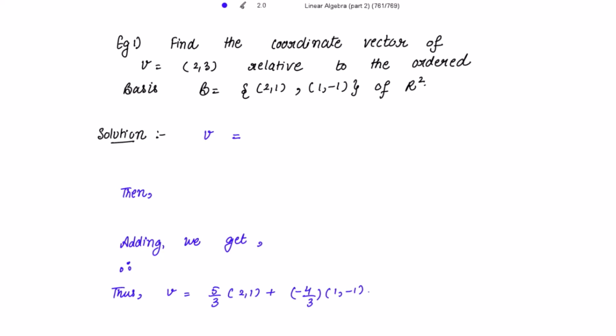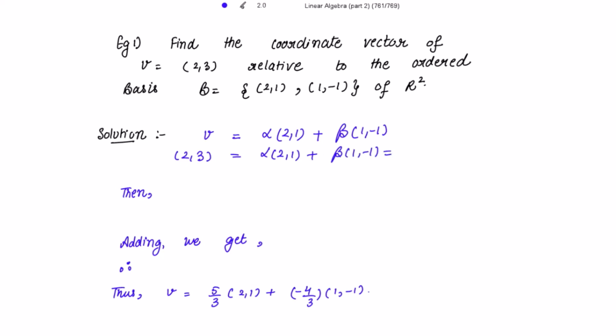So first let's write down this vector V as a linear combination of these ordered bases, and I'm taking the scalars to be alpha and beta. So alpha (2, 1), I'm writing the linear combination, and beta (1, -1). And vector V is given to us as (2, 3), so write down here (2, 3) for V. So this is equal to alpha (2, 1) plus beta (1, -1).